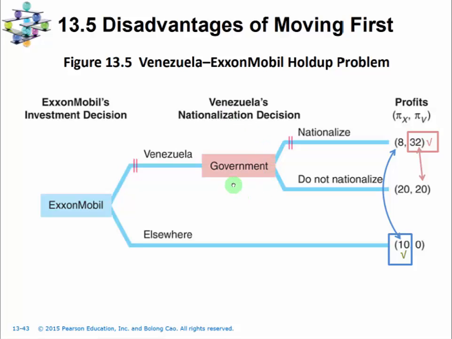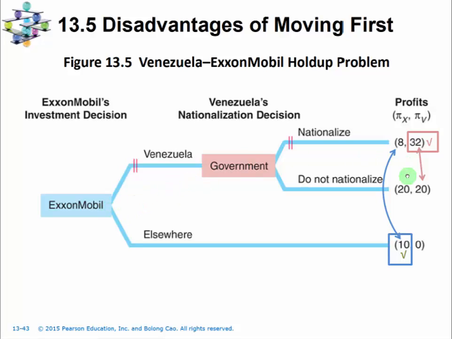However, the Venezuelan government can make promises before ExxonMobil makes investments so as to make ExxonMobil more comfortable to invest in Venezuela. The problem of the hold-up game is that once ExxonMobil has made the investment, those promises are not the best response by the Venezuelan government here, because by partially nationalizing the plants in Venezuela invested by ExxonMobil, the government of Venezuela can get 32 instead of 20.